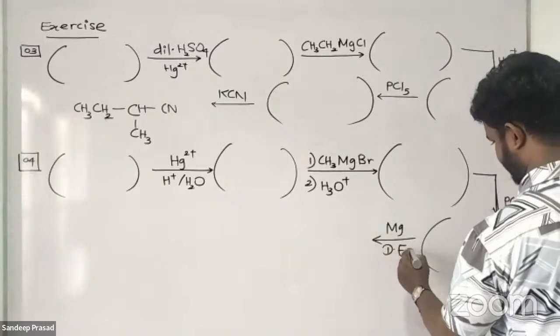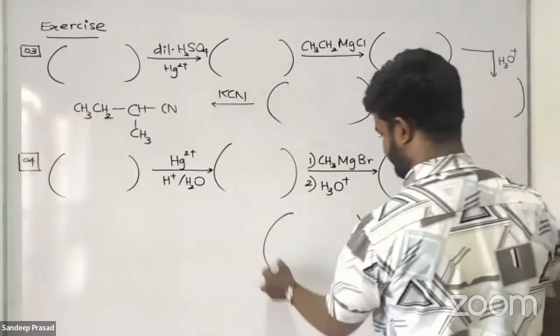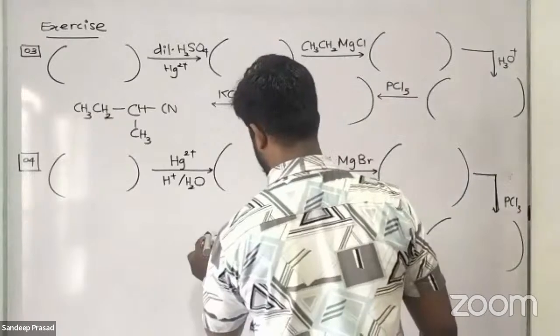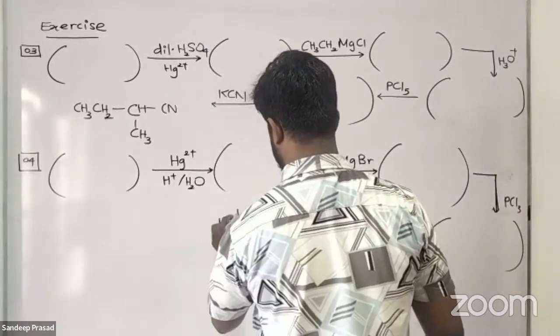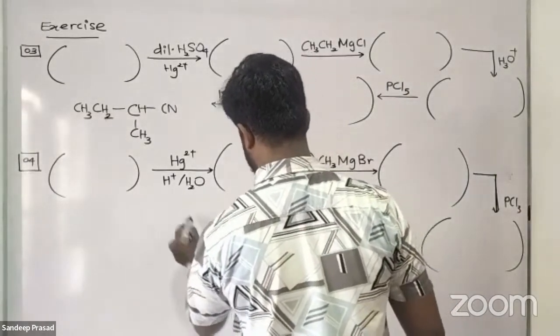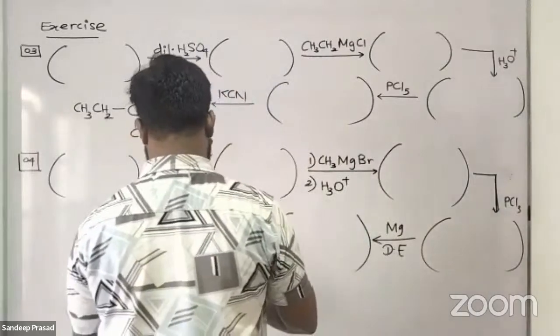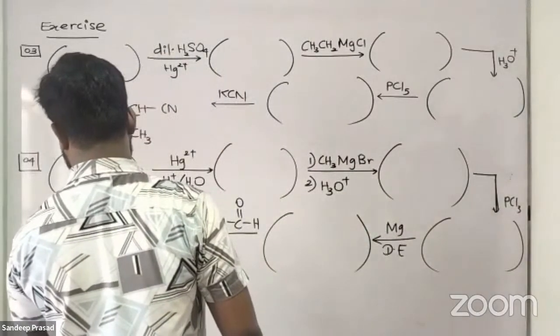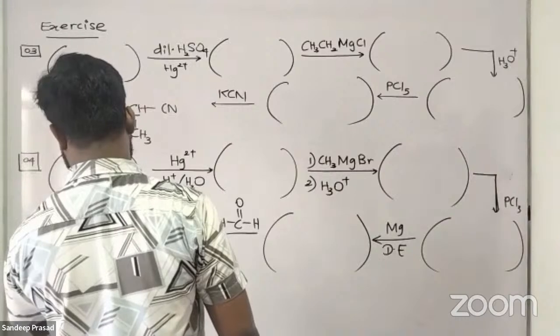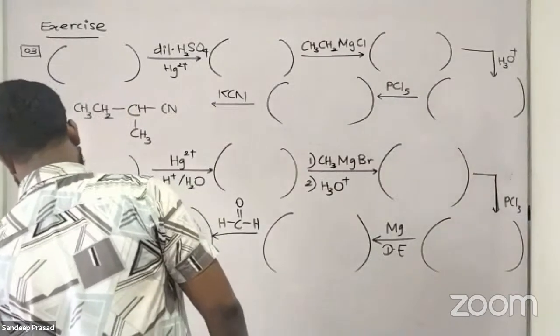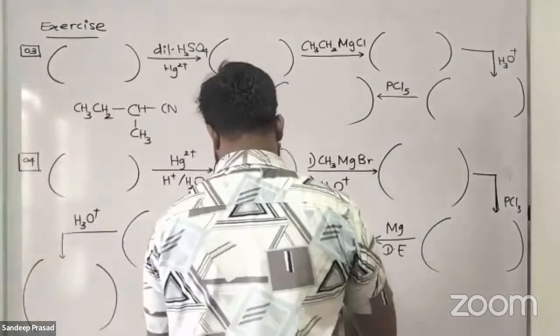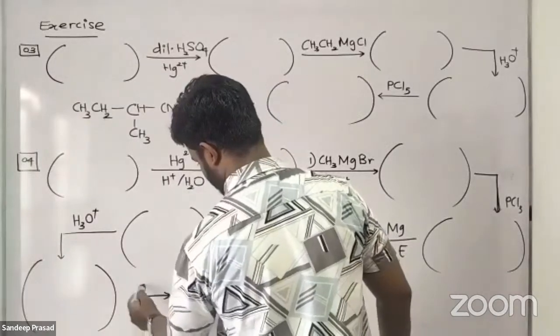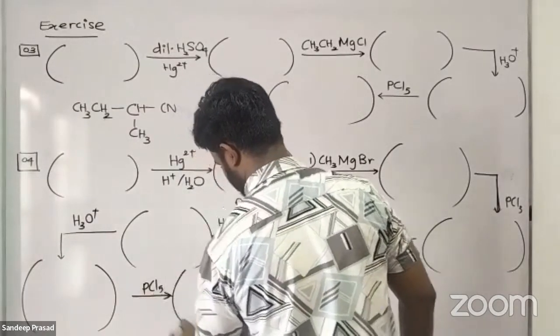Magnesium diether. Then methanal, the simplest aldehyde, is added. Next, H3O+, hydrolysis reaction. PCl5 is added.